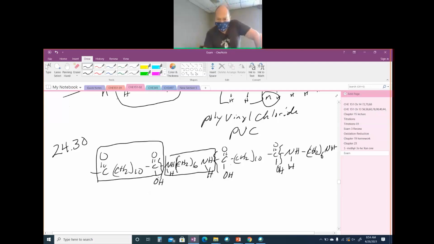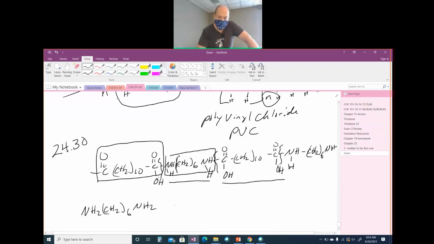All right, and if you see what 2 molecules that you keep making, it is this dicarboxylic acid and this diamine. And so your 2 monomers, NH2, CH2 sub 6, NH2 is the 1 monomer.